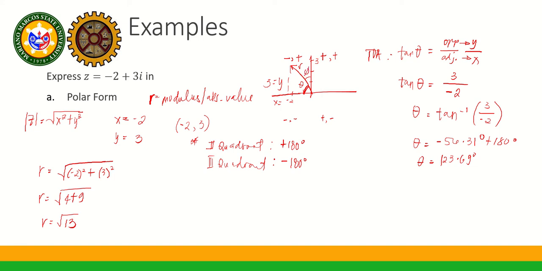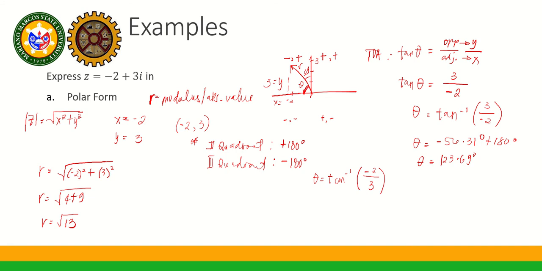If you're going to get the value of phi, of course gagamitin pa rin natin si tangent inverse. Opposite natin will be x, which is negative 2, over y natin, 3.